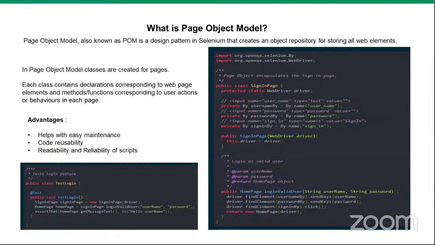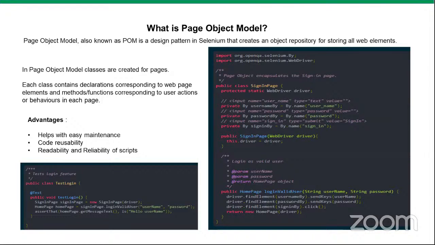And we have the methods, for example, here we have the method to login as a valid user. That is one of the user actions that happens in the sign in page. To use this inside the script class, you just need to create an object of this page and access the methods to perform operations.